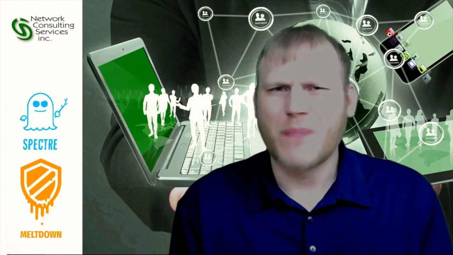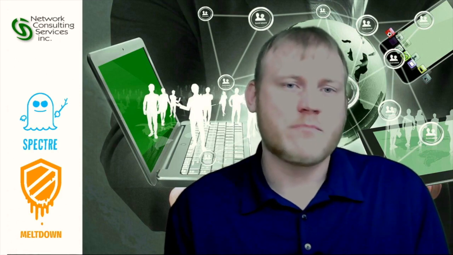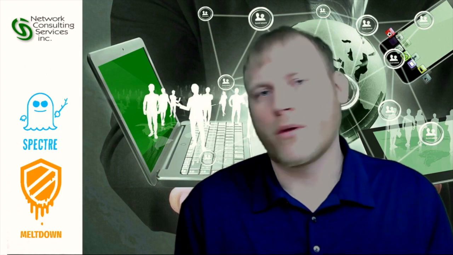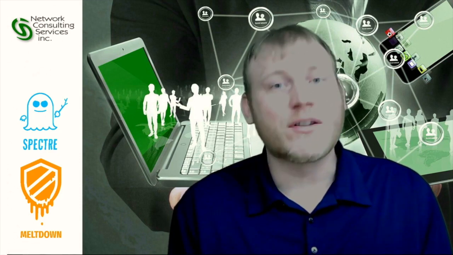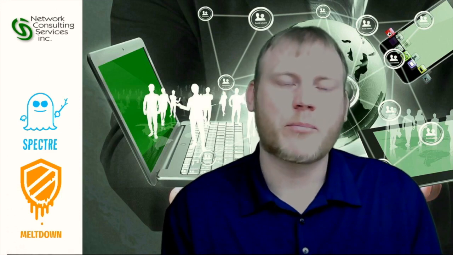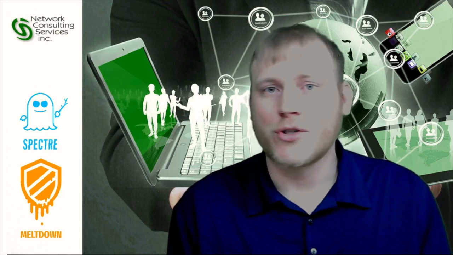So what is Meltdown? What is Spectre? What do they mean? Well, Meltdown, they named it that because it actually melts the security boundaries between applications so that one application can potentially steal memory from another. And there's normally a hardware component to keep that protected. Spectre is based on something called Speculative Execution.